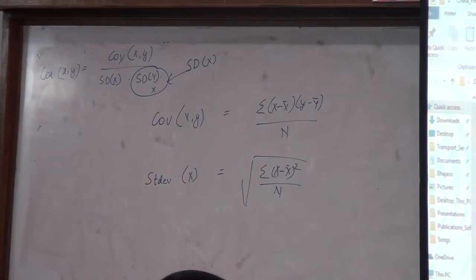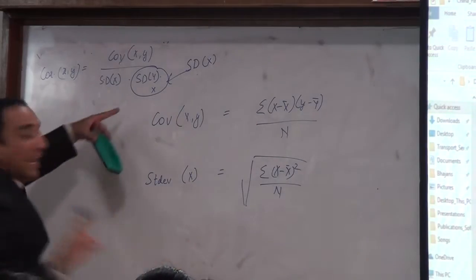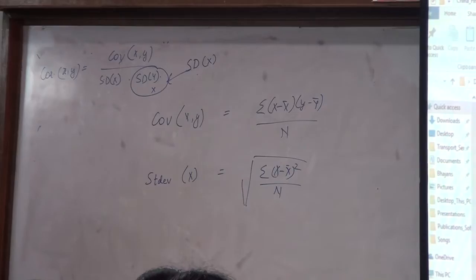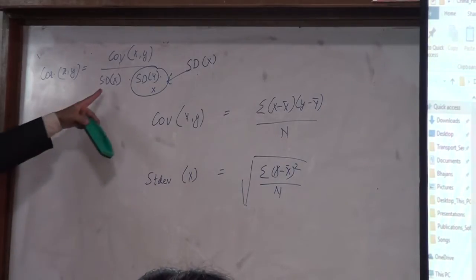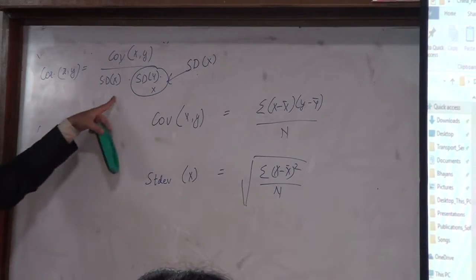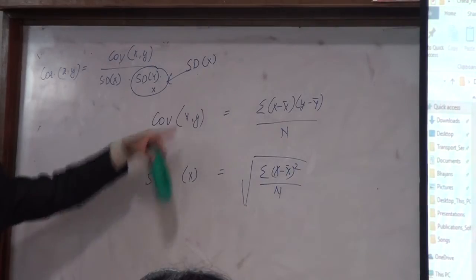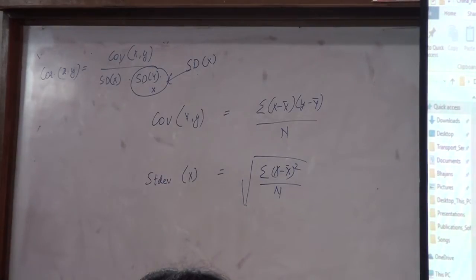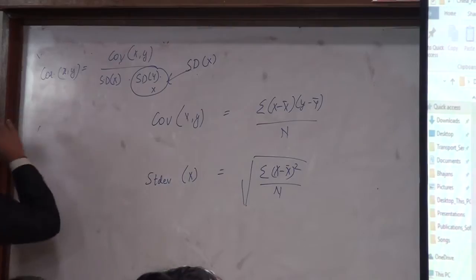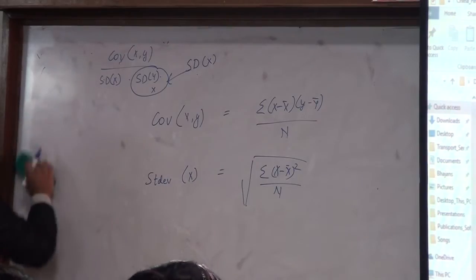The standard deviation of y, we removed it, and in its place we brought in standard deviation of x. Now I want you to be further confused. I don't say it is standard deviation x into standard deviation x; I will say it is variance of x. So this is not covariance xy, this becomes beta.